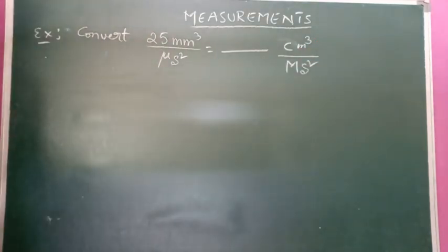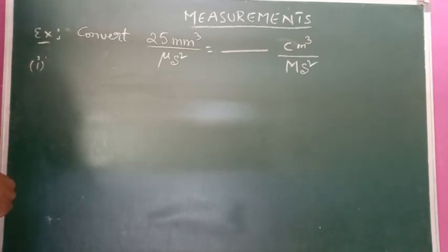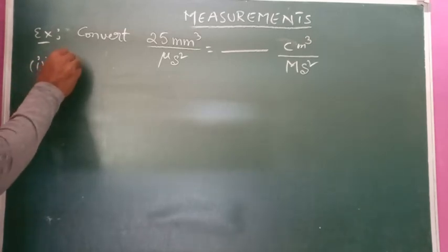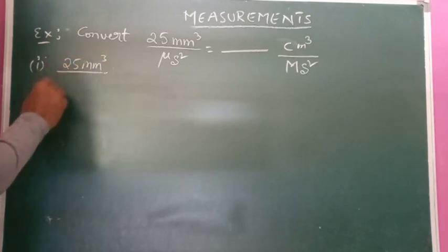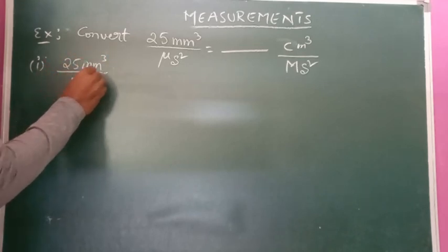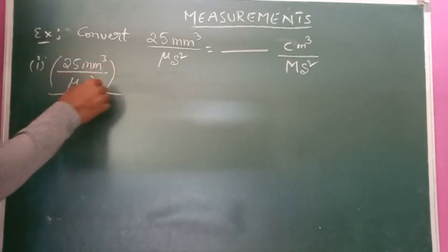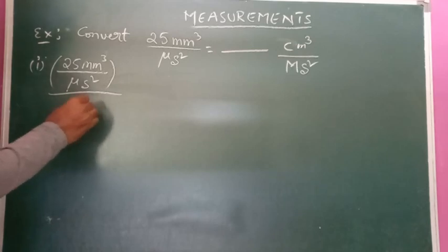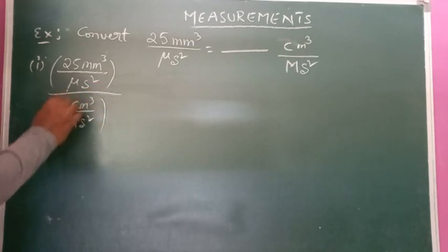This is the question. First of all, you have to do the problem. 25 millimeter cube by microsecond square, left hand value, by right hand value, centimeter cube by megasecond square, which is the denominator part.